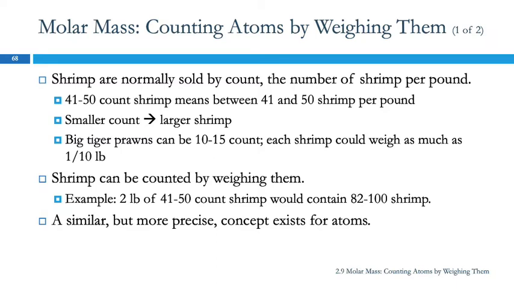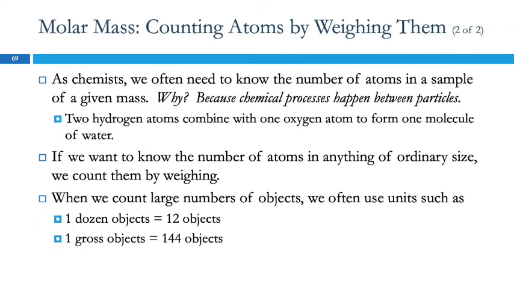So we can use a similar idea for atoms, except we're going to be more precise than for shrimp. Chemists often need to know the number of atoms that are in a sample of some mass. Why is that important to us?